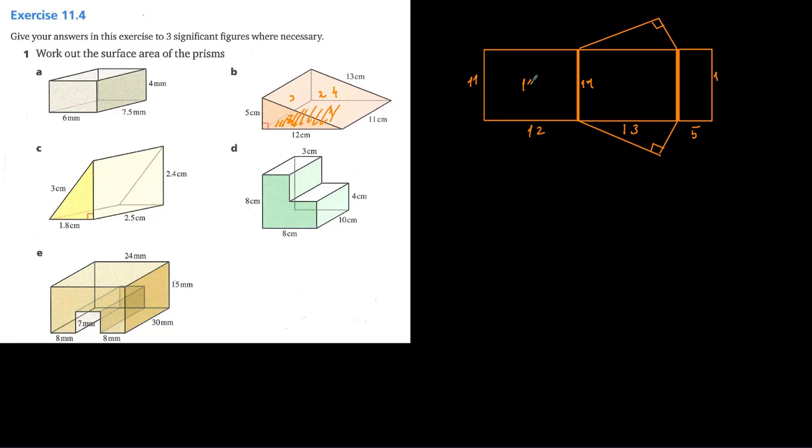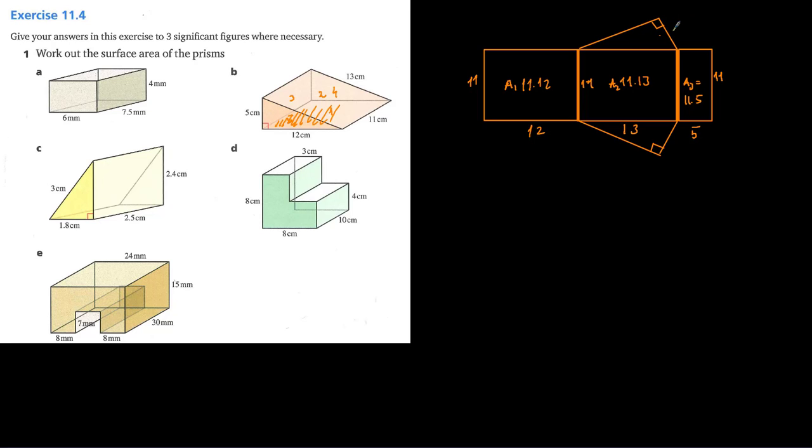So this is 11 times 12, this is 11 times 13, this is A1, this is A2, this is A3. It's equal to 11 times 5. This is the rectangles' area, now the triangle's area.